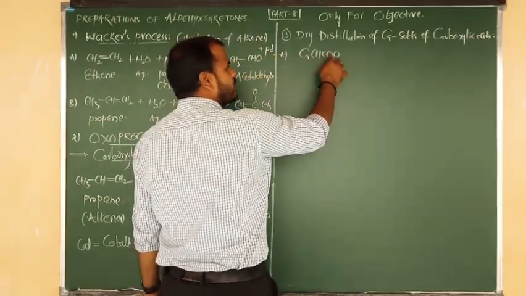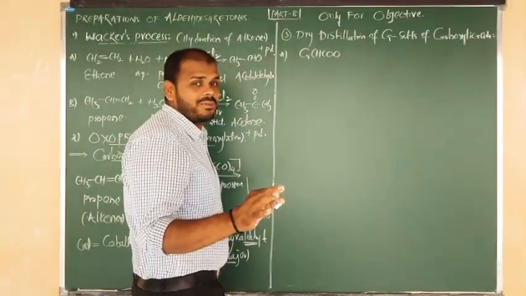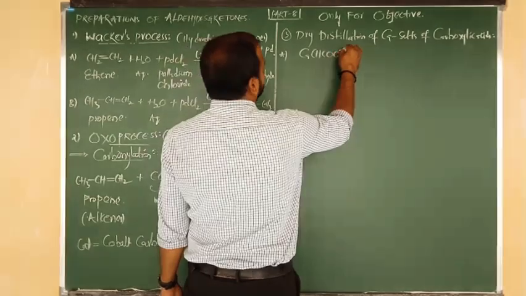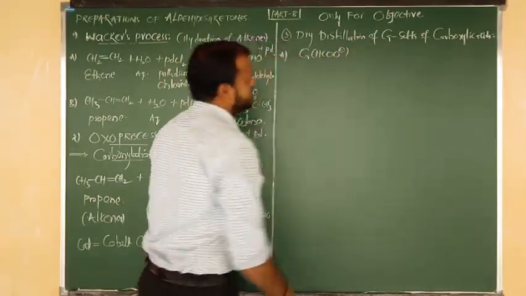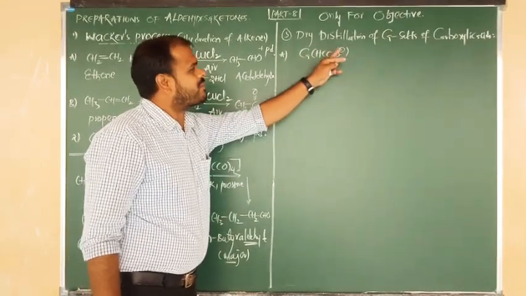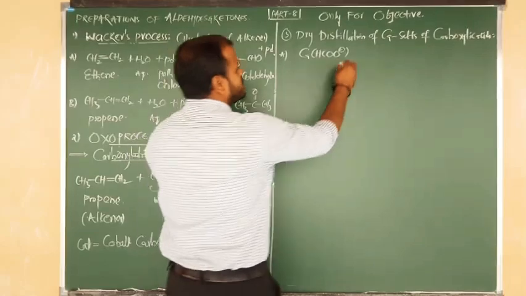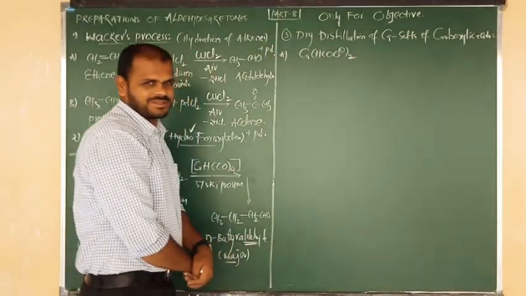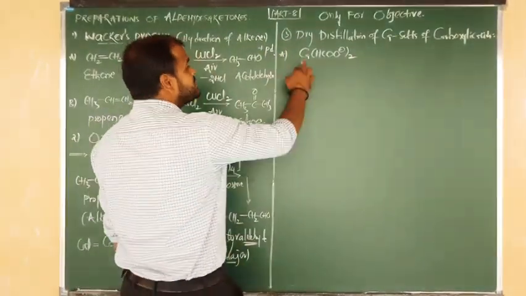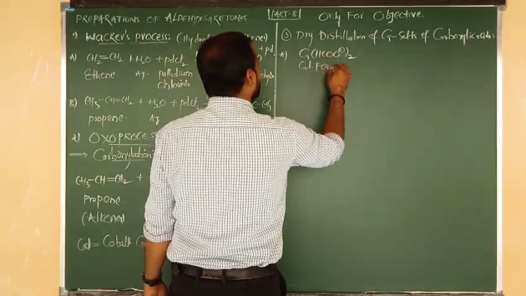Actually HCOOH is formic acid, but I am not writing formic acid, I am writing formate, HCOO minus. This is the formate ion formula. But formate has charge -1 and calcium has charge +2, so we have to take formate twice. So the name of this compound is calcium formate.